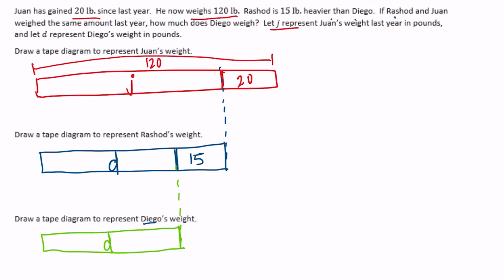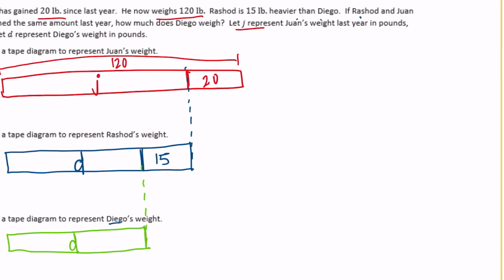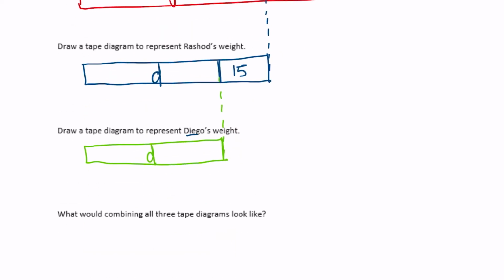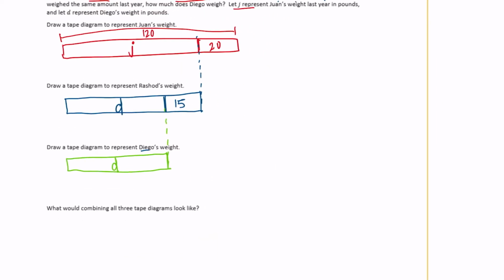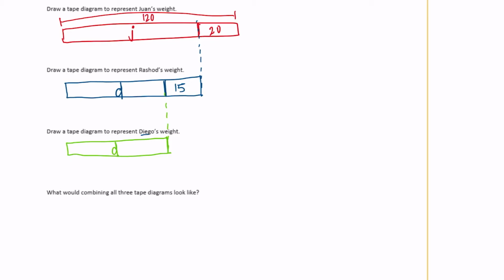So there is Diego. What would combining all three tape diagrams look like? Well, let's start with Juan. So we have J plus 20, and this is all 120.